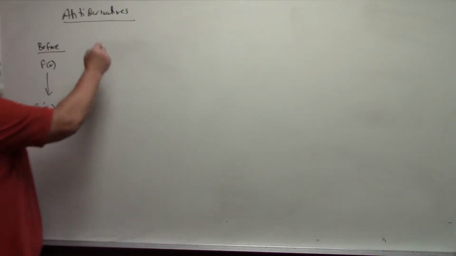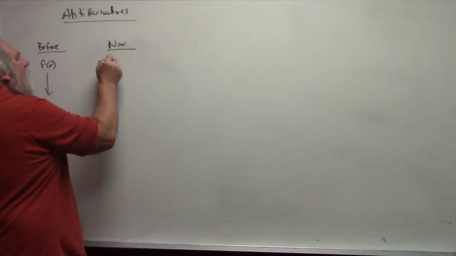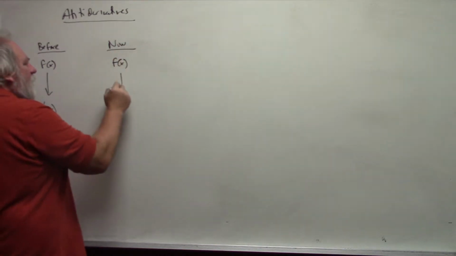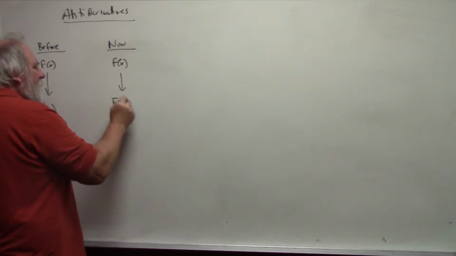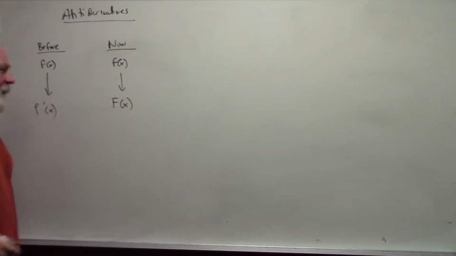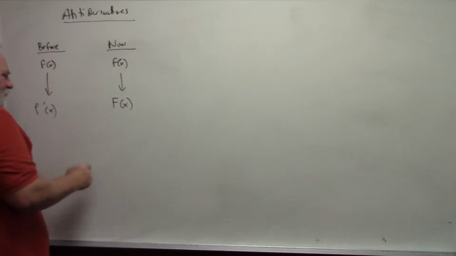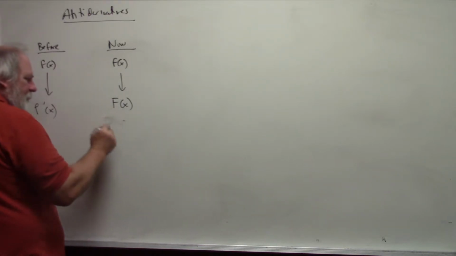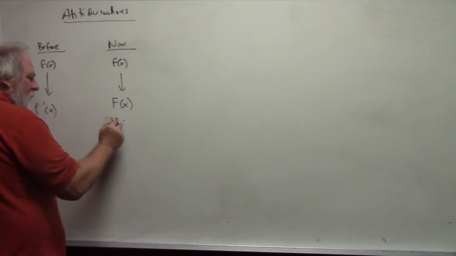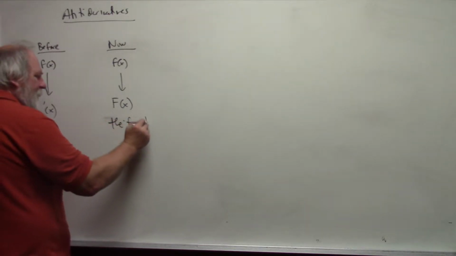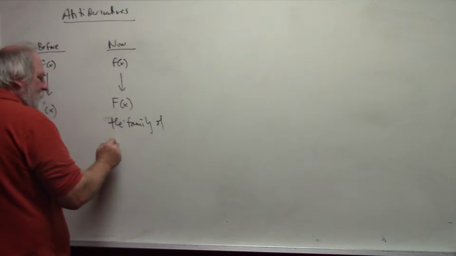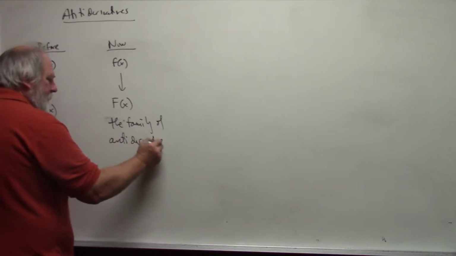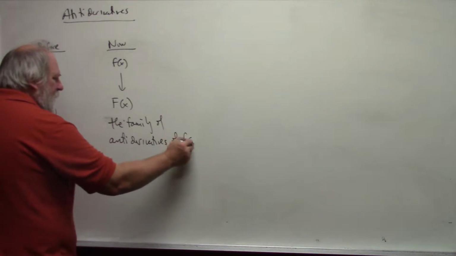we now, given some f of x, will go to capital F of x, where this is the family of antiderivatives of little f of x.